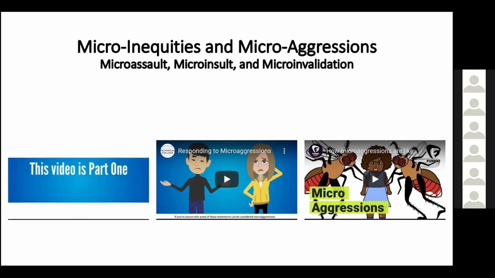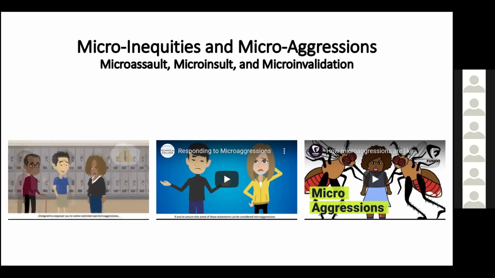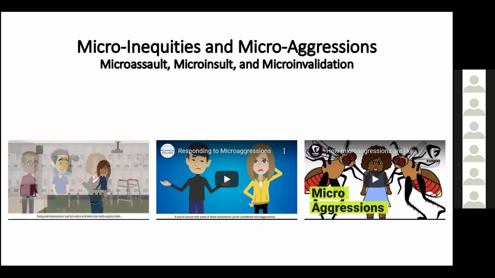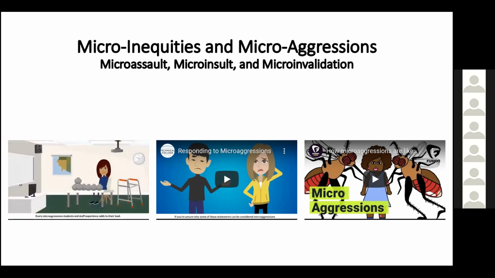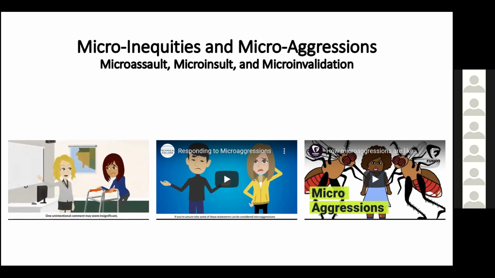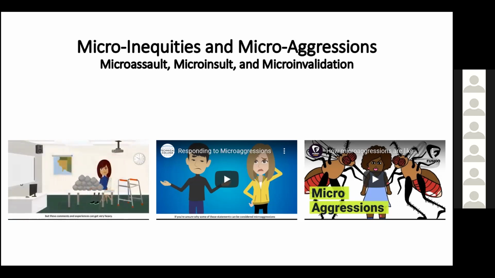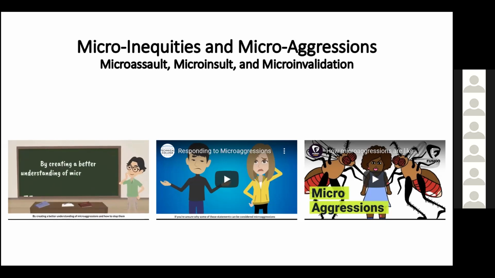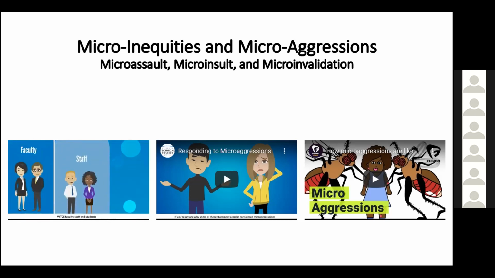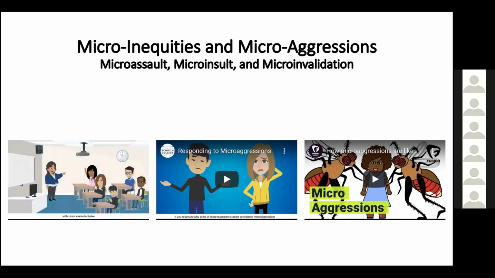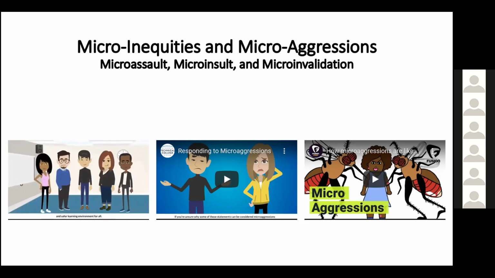This video is part one of a two-part series designed to empower you to notice and interrupt microaggressions. Every microaggression students and staff experience adds to their load. One unintentional comment may seem insignificant, but these comments and experiences can get very heavy. By creating a better understanding of microaggressions and how to stop them, WTCS faculty, staff, and students will create a more inclusive and safer learning environment for all.